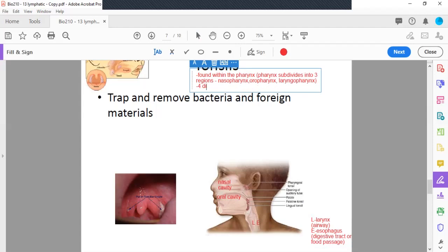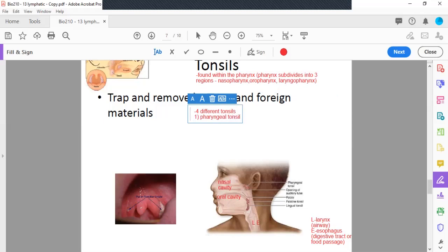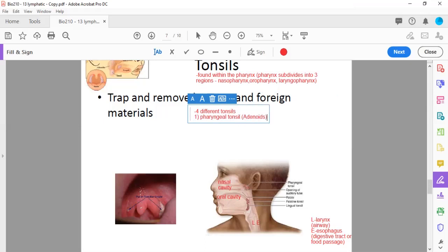You know what? I'm going to move it down here because I need more space than just this. So I will move down to here and type in 4 different tonsils. Number 1, pharyngeal tonsil. So it's just a patch of lymphatic tissue, and this is often referred to as adenoids.